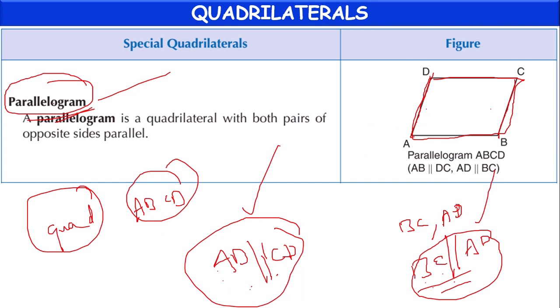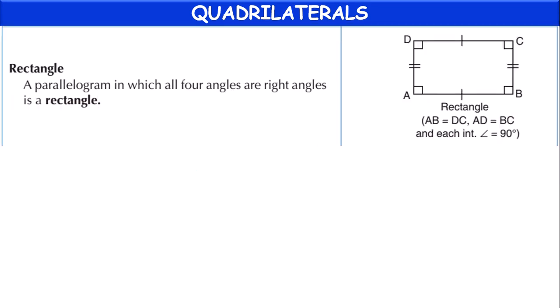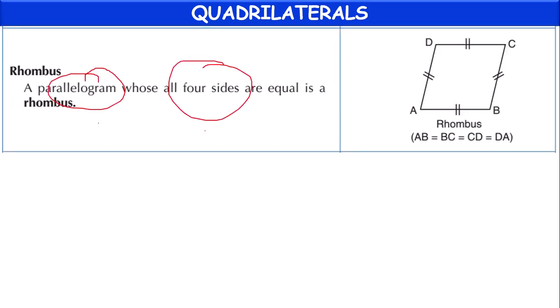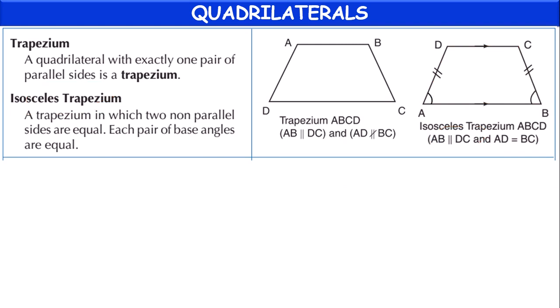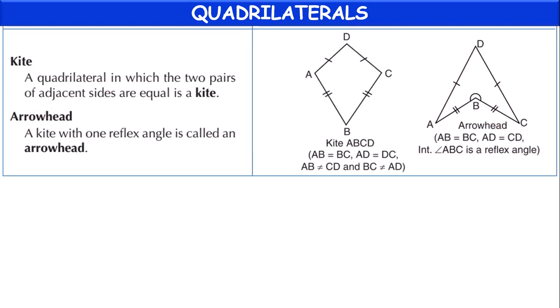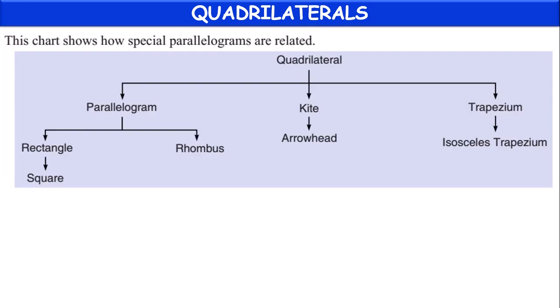So starting from parallelogram, we have rectangle, we have rhombus, next square, next trapezium, in that isosceles trapezium, next kite, in that arrowhead. So this is a chart relating all the quadrilaterals.